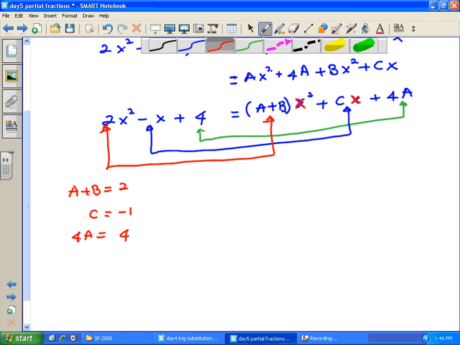So we already know what c is. We also know what a is, right? With that, can you tell me what b is? We know what a is now, right? Put the a back in there, and what do we get?